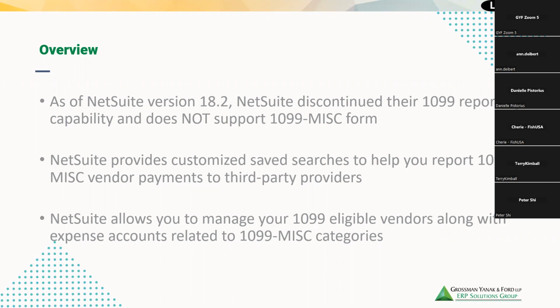They also allow you to manage within your vendor master to keep track of the vendors that are 1099 eligible, their tax information, as well as coding specific GL accounts that are expense types to the specific 1099 MISC categories.